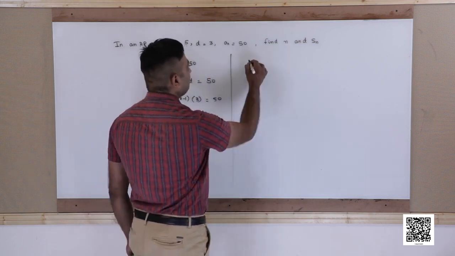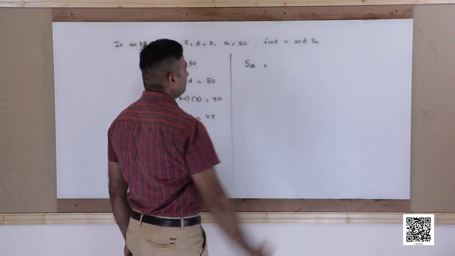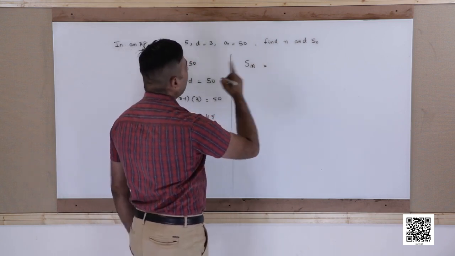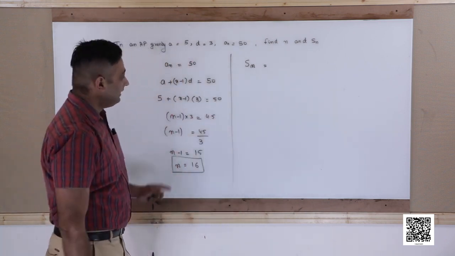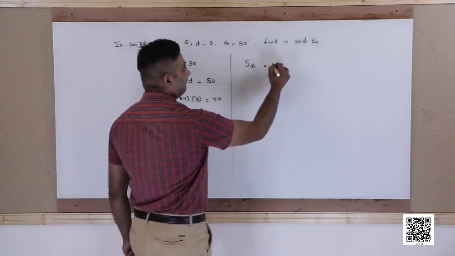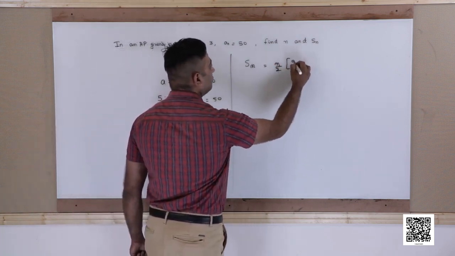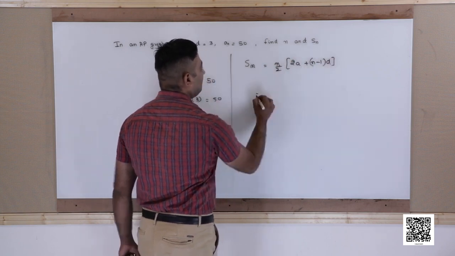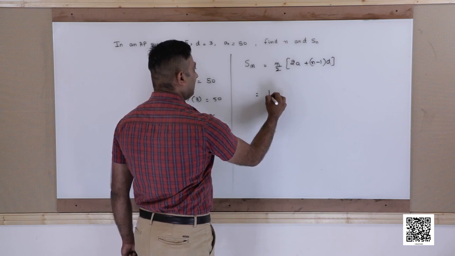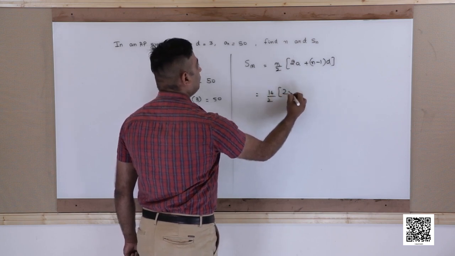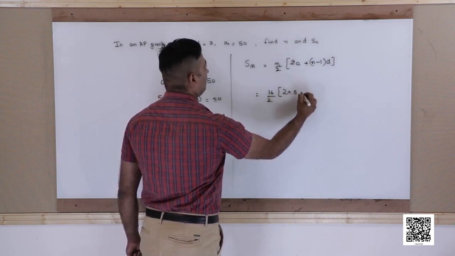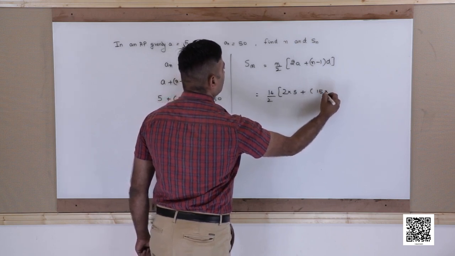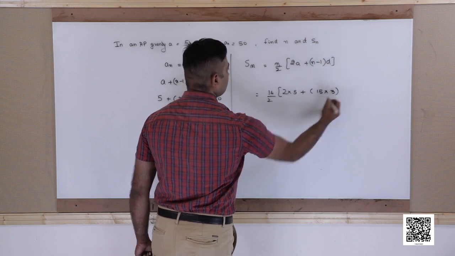Now we have to find the sum up to n terms of this AP, with first term a 5 and common difference d 3 and n equal to 16. We apply the formula n by 2 (2a plus (n minus 1) into d) to find the sum of n terms. That means 16 by 2, 2 into 5 plus 15 into 3.